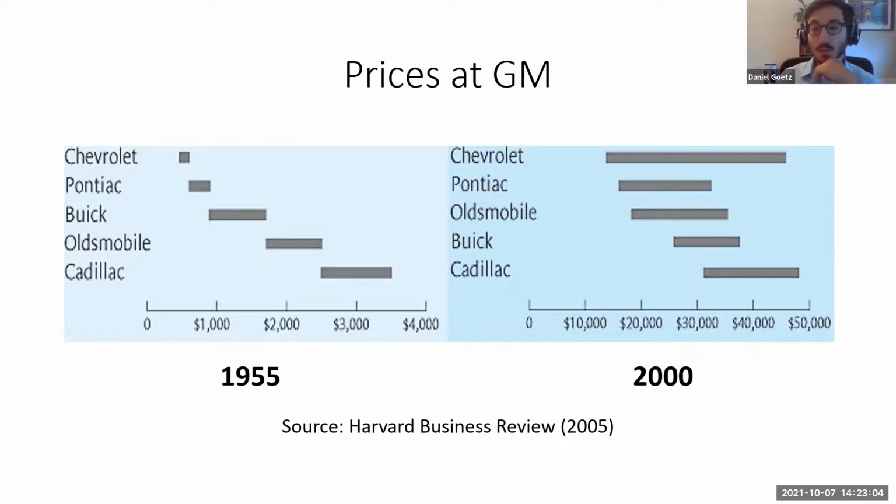On the right, you can see that the brands really overlap in their prices, right? So many of them are serving basically exactly the same segments of consumers in terms of income, right? It's just one graph, so there's a limit to what we can conclude, but there's a sense in which they look over-segmented by the year 2000, okay? Which is an argument made by Harvard Business Review.